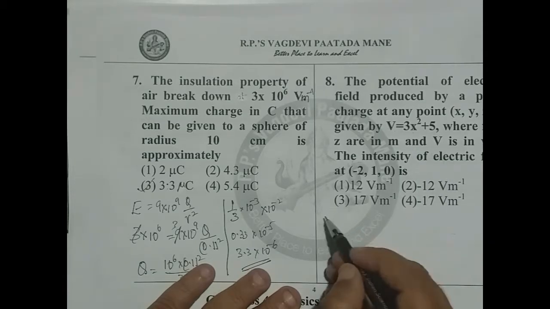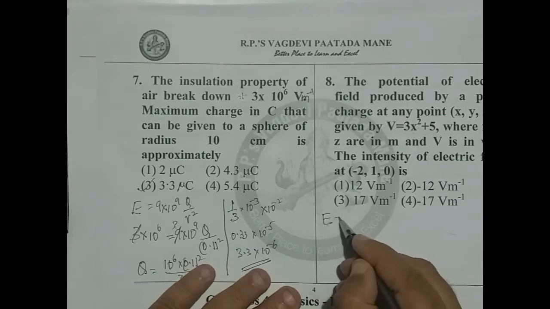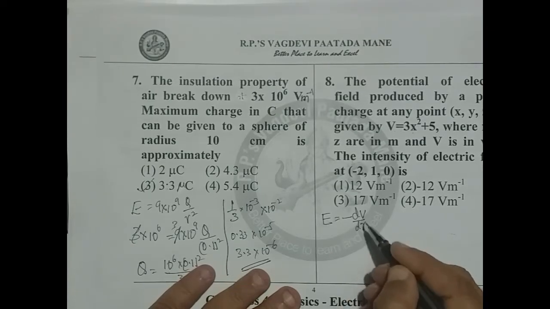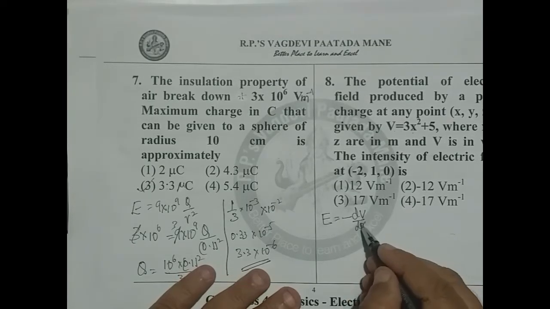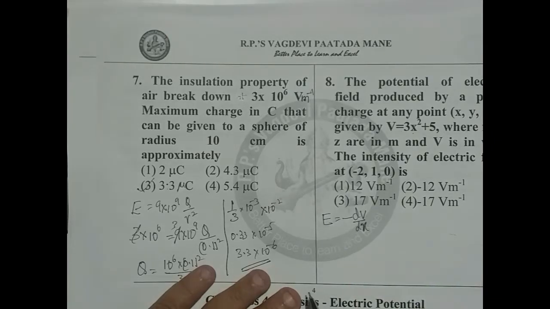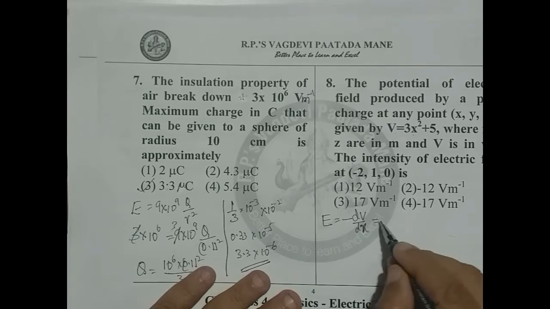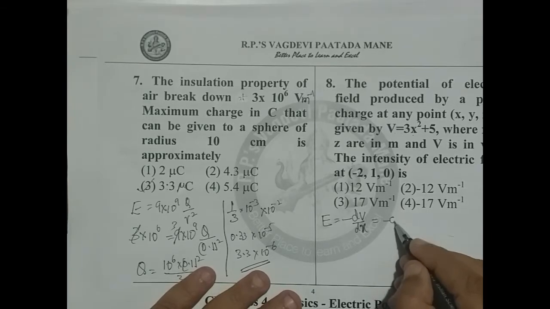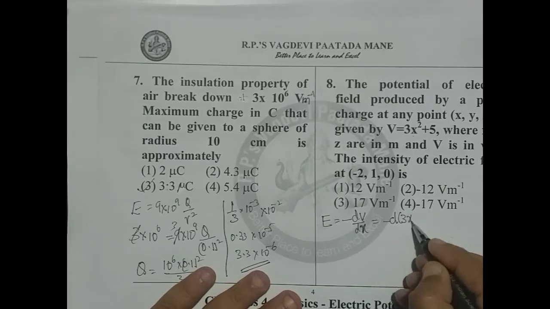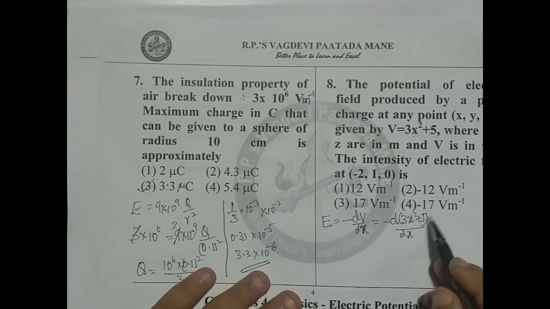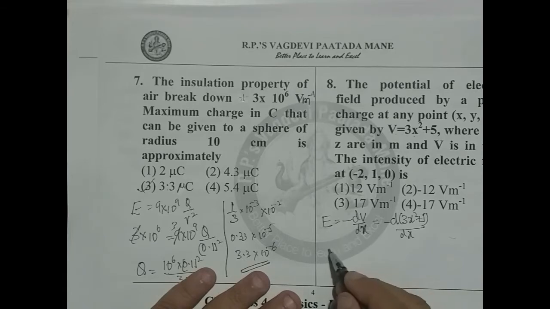Therefore electric field intensity is written as minus dV by dr. Here as it depends only on x, I write dV by dx. Now I substitute for V and differentiate: d of 3x square plus 5 by dx. As y and z are not there, I have eliminated them.